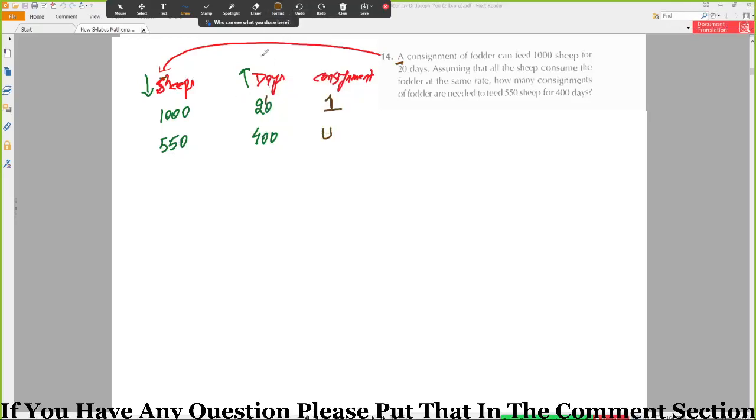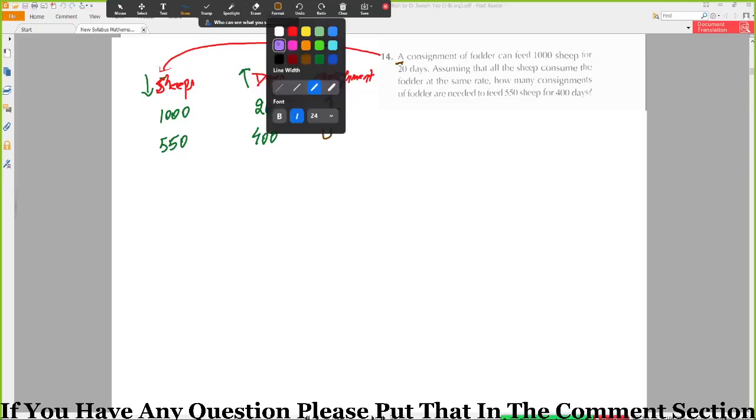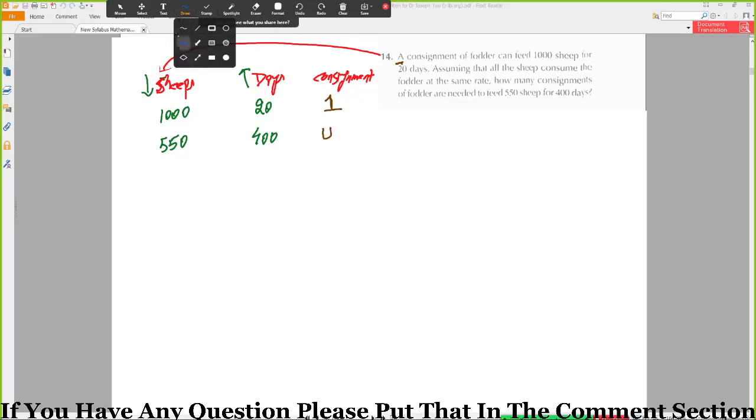First of all we need to find the relation between sheep and days. So we write it a little lower. This will become 400, this will become u.